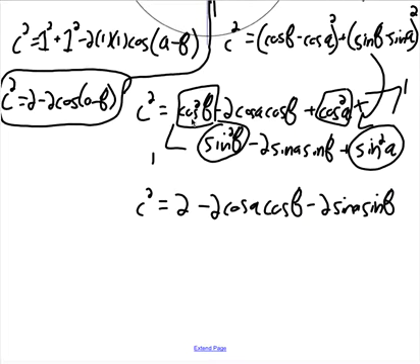And now that we have both of our formulas, we can go in and set those two things equal to one another.